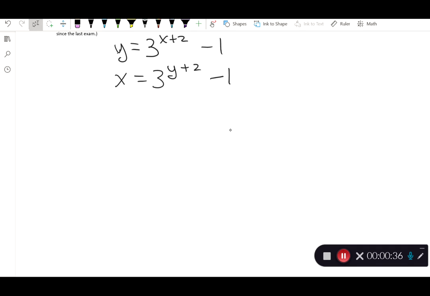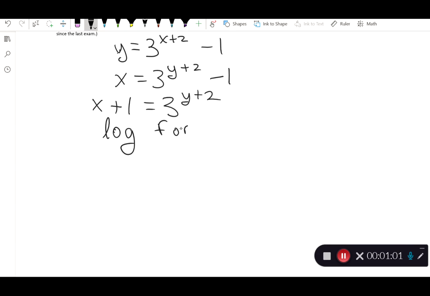So first let's add 1. X plus 1 equals 3 to the y plus 2. We want to get y by itself. Well, what we have here is an exponential equation, and when you have an exponential equation, you can turn it into a logarithmic equation. So we're going to put it in log form.